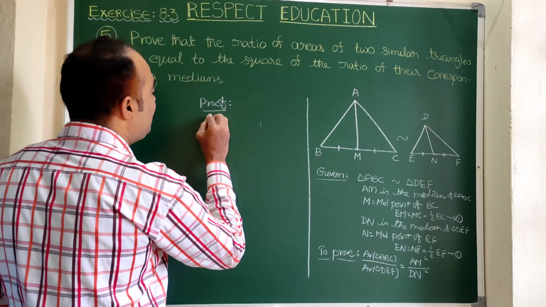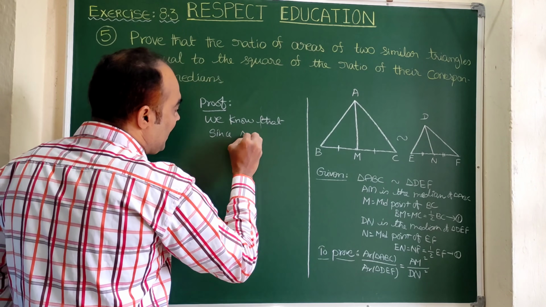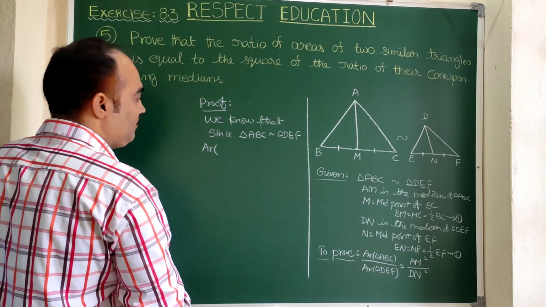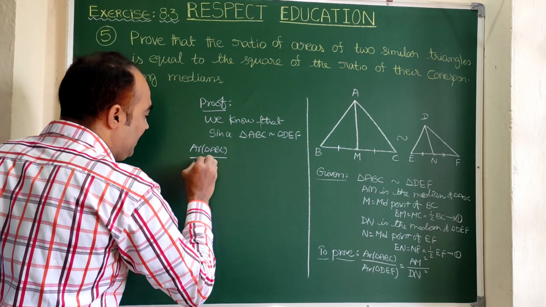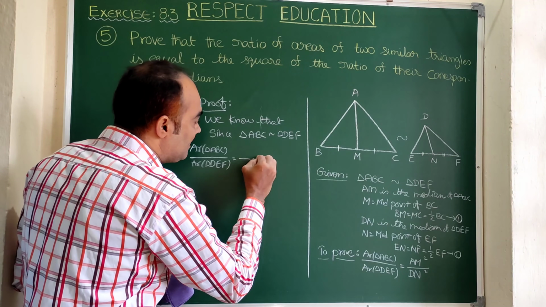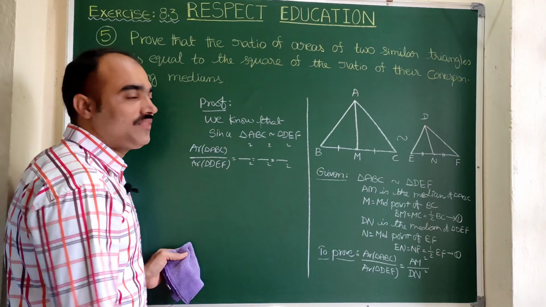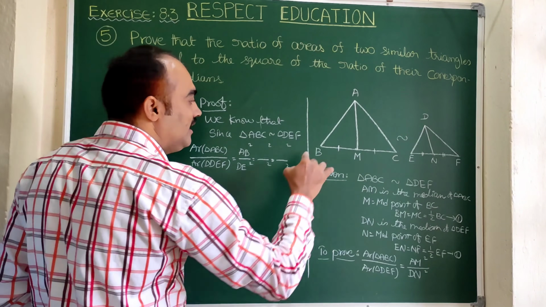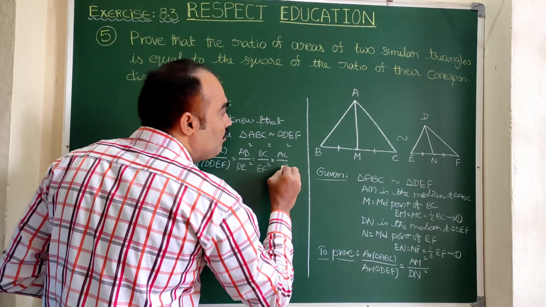So we know that since triangle ABC is similar to triangle DEF, area of triangle ABC by area of triangle DEF is equal to the ratio of squares of their corresponding sides, means AB square by DE square, same way BC square by EF square, and also AC square by DF square.